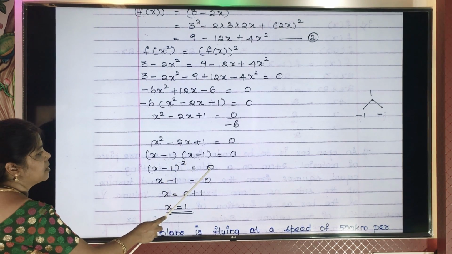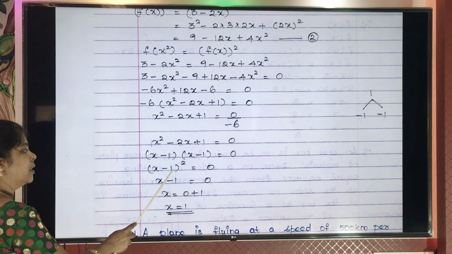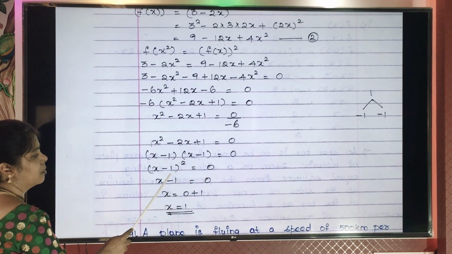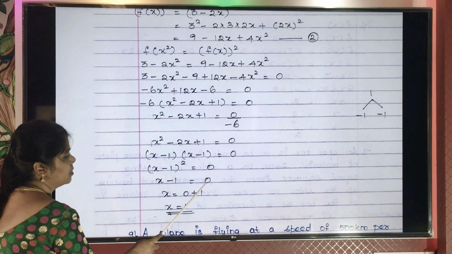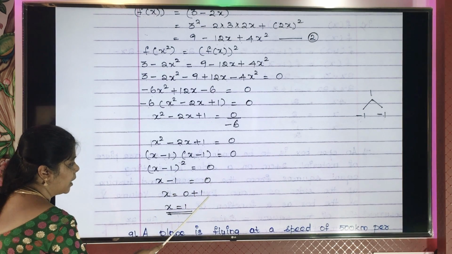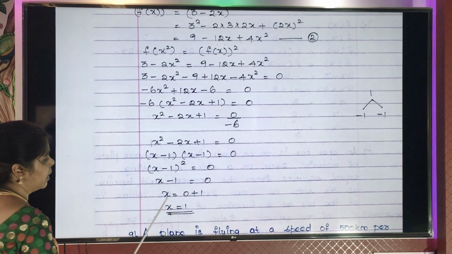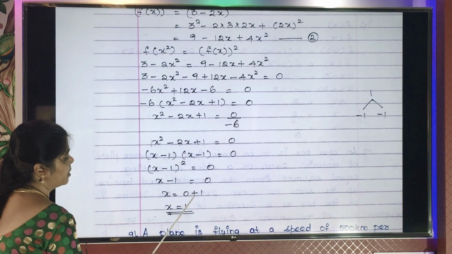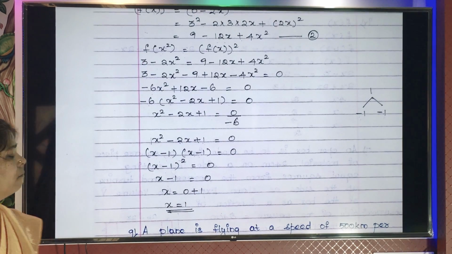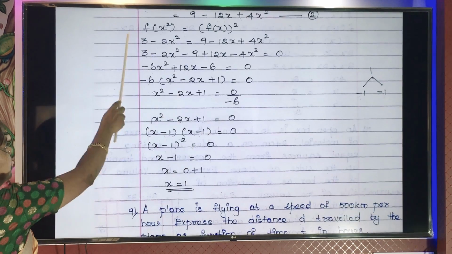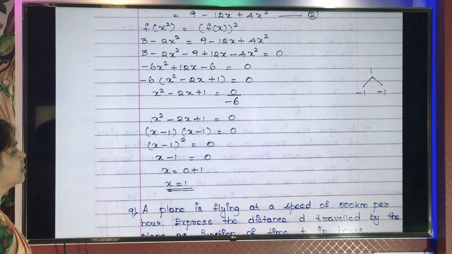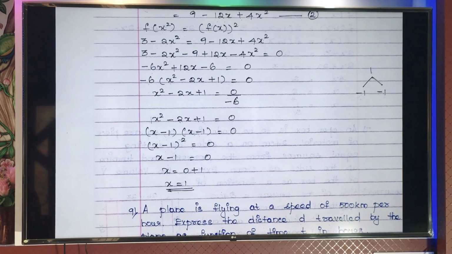When a square term is 0, the single term also will be equal to 0. So x - 1 is equal to 0. -1, when it goes to the other side, it becomes +1. So x is equal to 0 plus 1. The answer is 1. So for this question, the x value is +1.